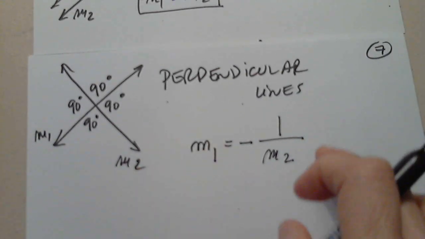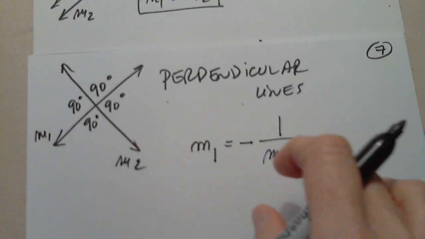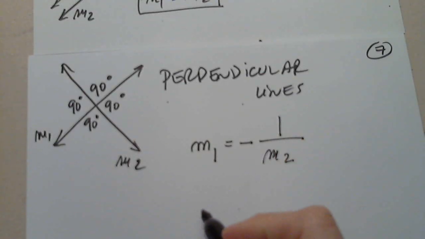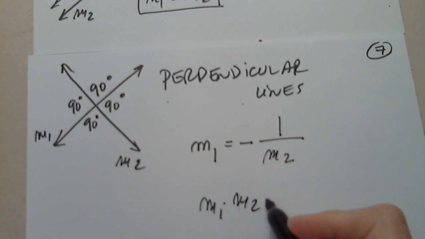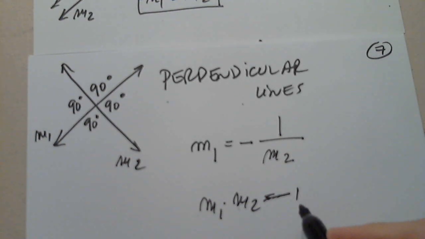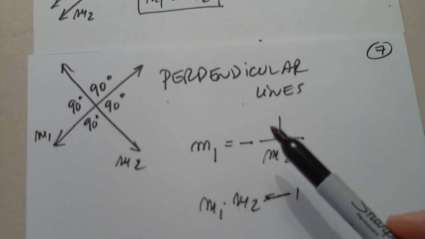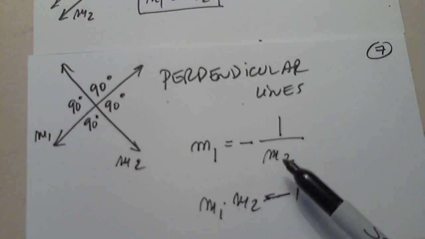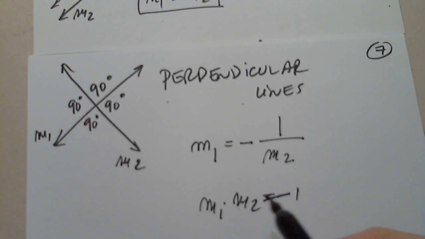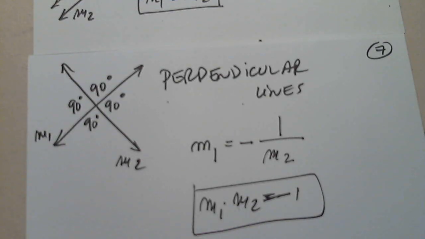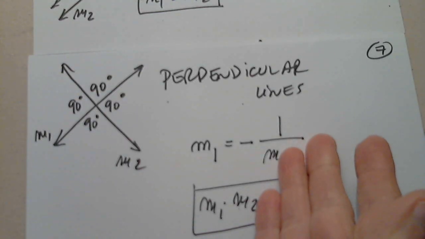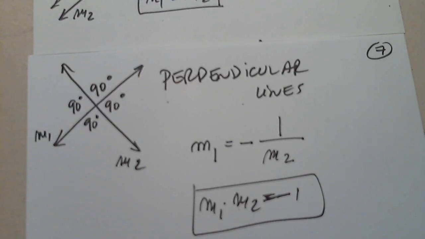But since this is a proportion, I'd rather cross multiply and say simply m1 times m2 equals -1. Why bother with the slope of one is the negative multiplicative inverse of the other? The product is -1. So much easier. Nothing wrong with either. They're exactly the same.